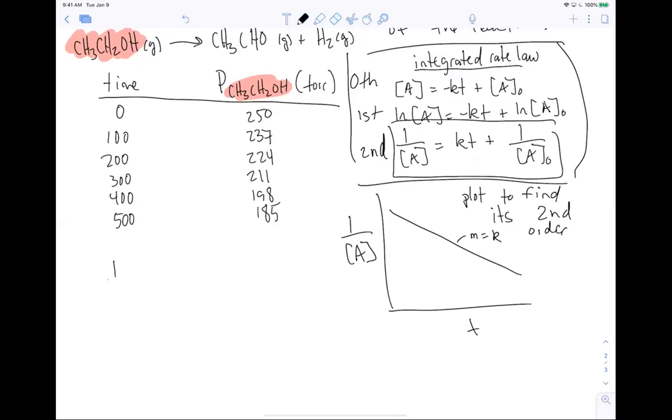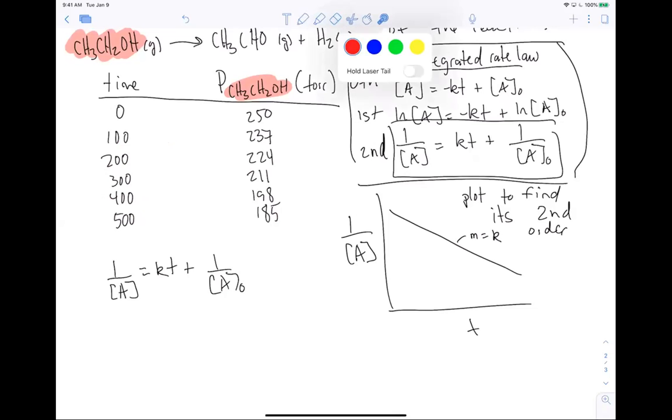So if we know the data that describes this is like this, all we have to do is pick any row here and solve this. Once you know the order of the reaction, what is A sub 0? That's whatever my concentration is at time 0.